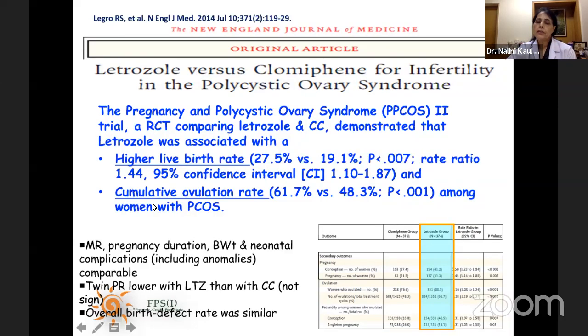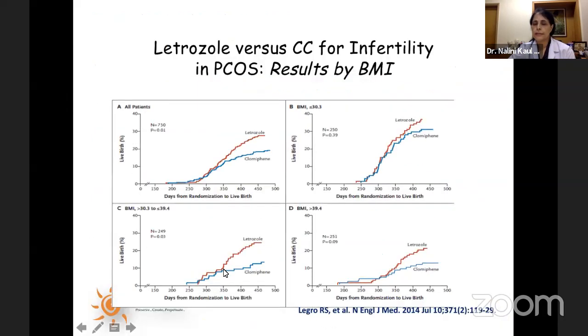Similarly, the cumulative ovulation rate was much higher, 61% compared to 48% with letrozole compared to clomiphene in women with PCOS. So far as miscarriage, pregnancy duration, neonatal complications, and twinning, they all remain more or less the same.